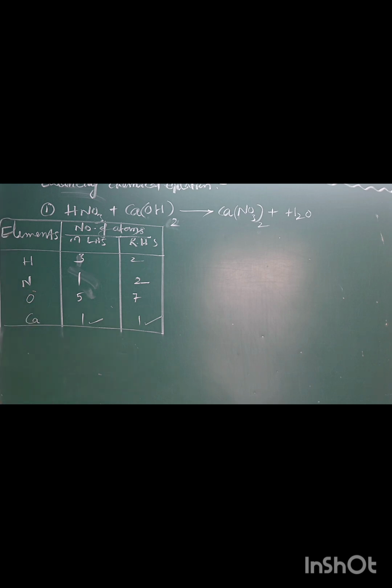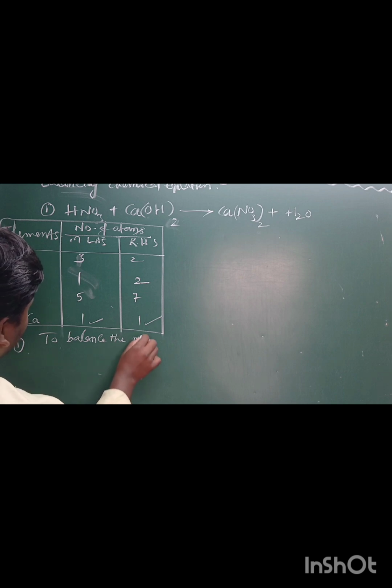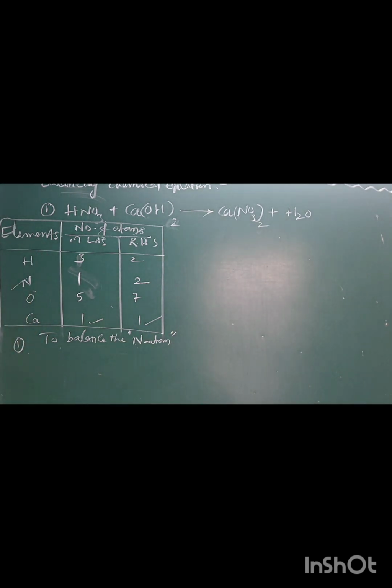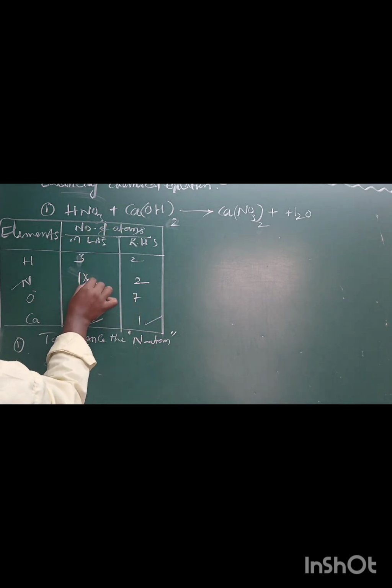Okay, now I am taking nitrogen here. Step 1, to balance the nitrogen atom. Here how many nitrogens are there? 1 is there, here 2 are there. That's why a suitable number is multiplied on the reactant side.